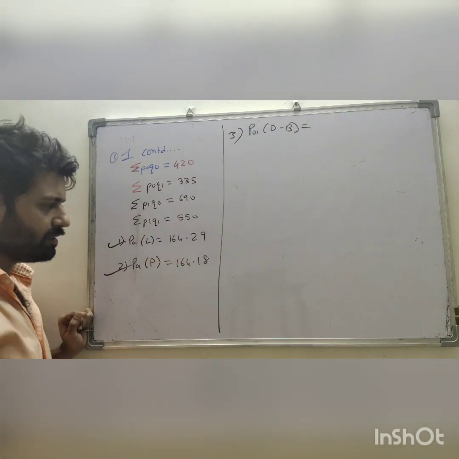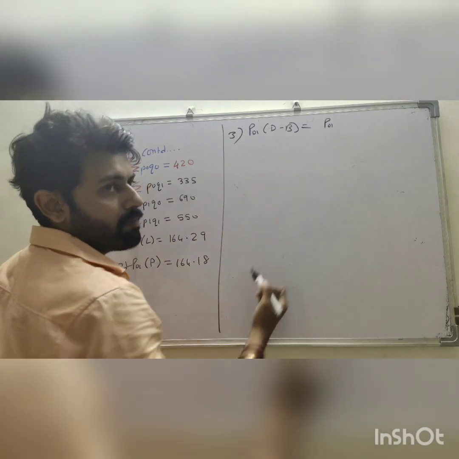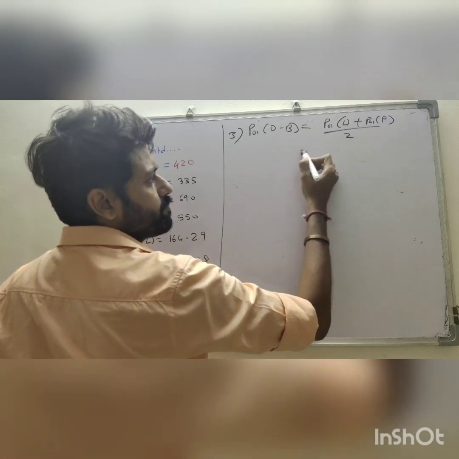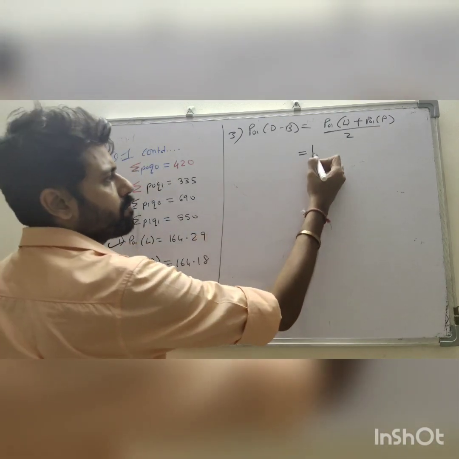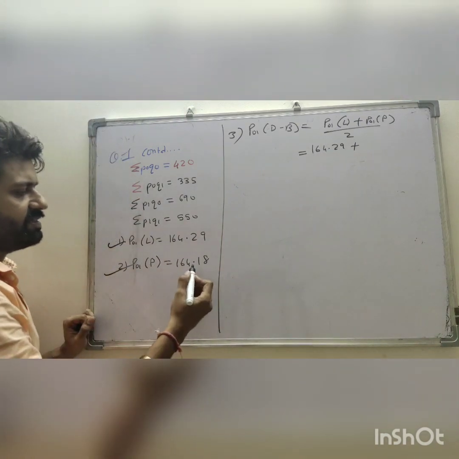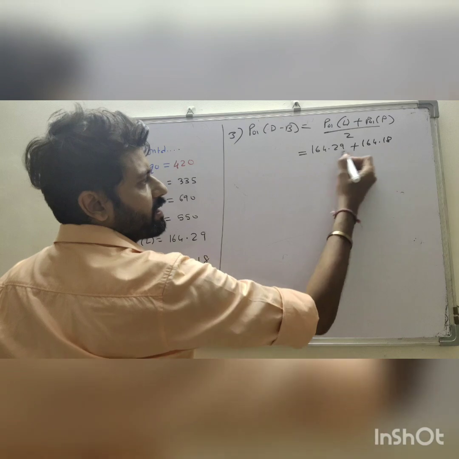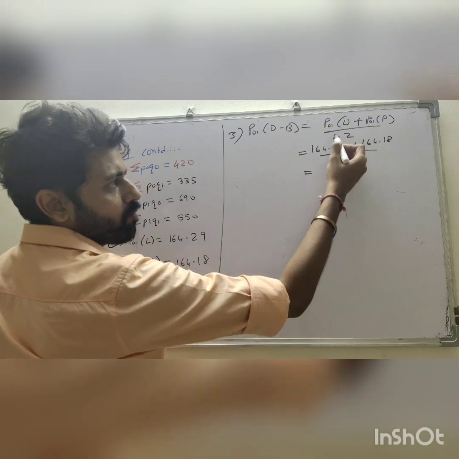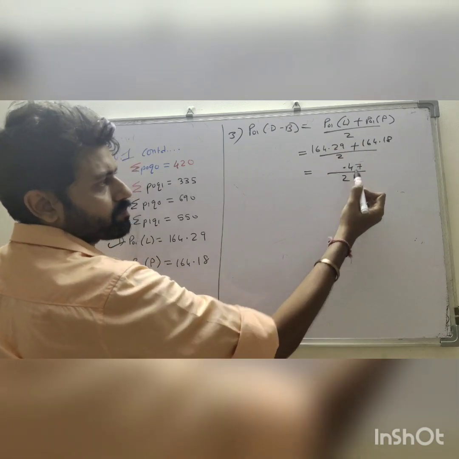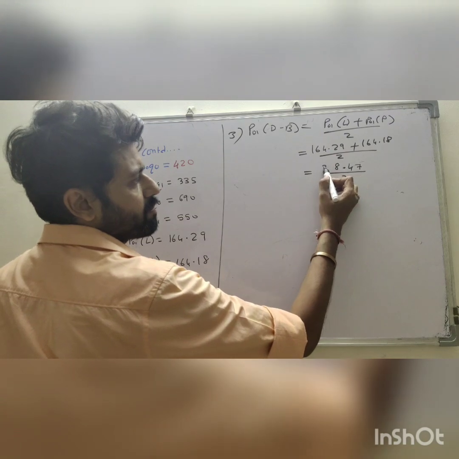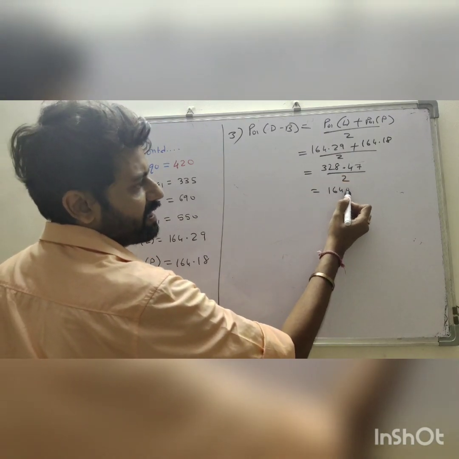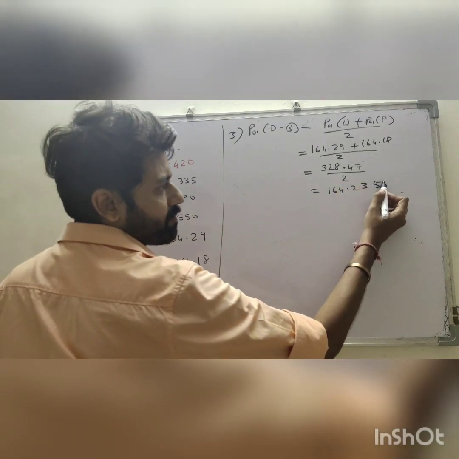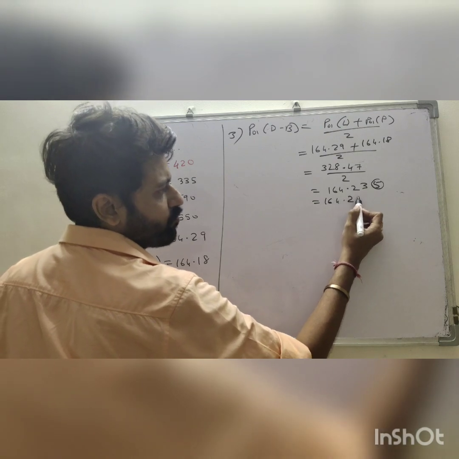Drobisch-Bowley says take the average of these two, the arithmetic mean: Laspeyres plus Paasche's divided by 2. 164.29 plus 164.18 upon 2. 8 plus 9 is 17, 1 carry. 2 plus 1 is 3, 3 plus 1 is 4. 4 plus 4 is 8. 328. We divide this and we get 2 threes are 6, 50. The answer is 164.24.